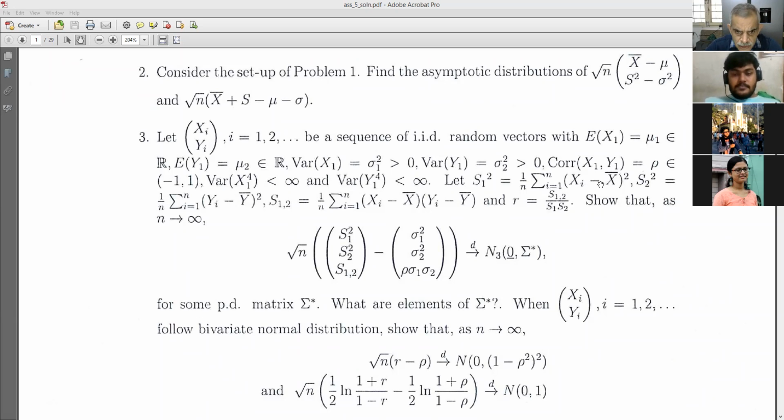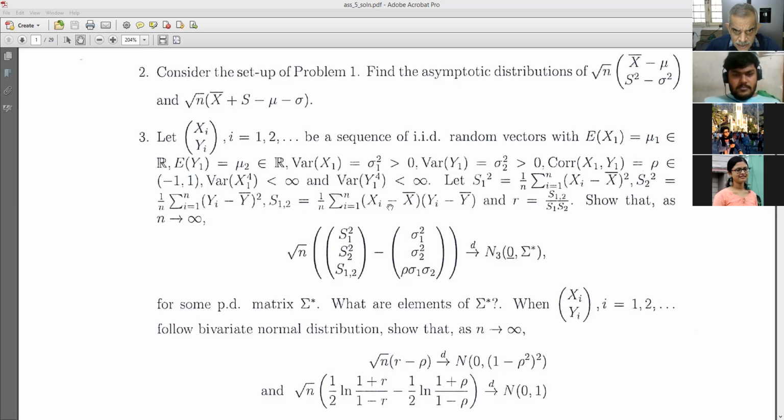If (Xi minus mu) whole squared was there, there was no problem, since it was a mean of (Xi minus mu) whole squared, right? Now note that this is also a mean, but it is a mean of (Yi minus Y bar) whole squared, which are not IID, because of the same factor Y bar. But if you put (Yi minus mu) whole squared, then mu is common, it is a constant, and the Yi's are IID, so (Yi minus mu) whole squared would be IID. So that is the whole purpose.